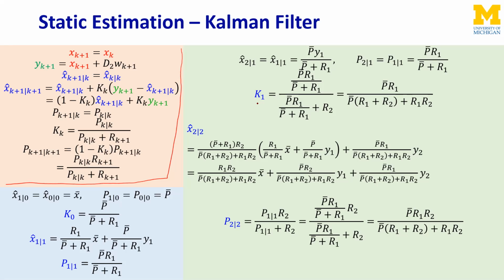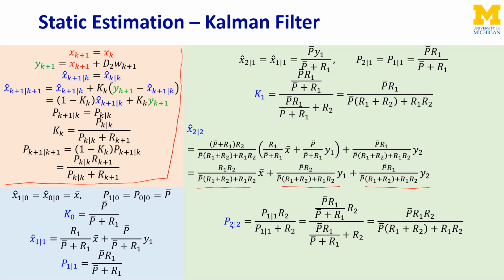Anyways, the gain K1, again, repeated application of the same formula gives me this expression. And using this expression of K1, I compute x hat 2,2, which I'm after. And x hat 2,2 is given by this expression. And after a little bit of algebra, it's going to be a sum of these 3 terms. So you can see x hat 2,2 is actually a convex sum of x bar, which is our initial estimate, the first measurement, and the second measurement.